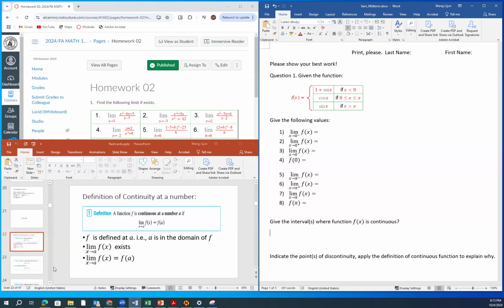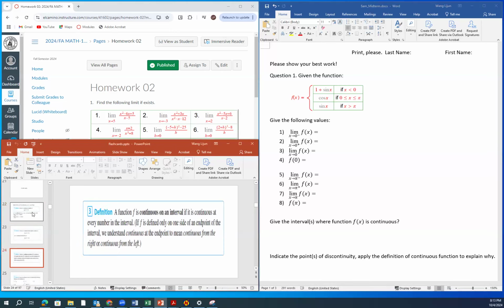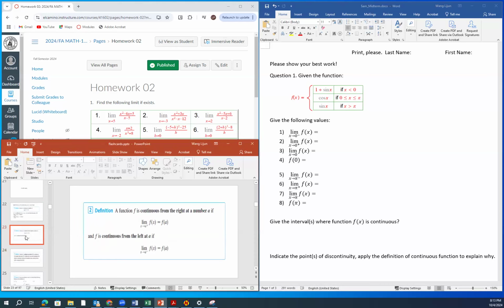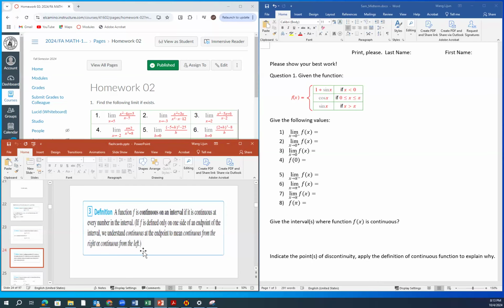So this will require you to make a connection between limit and continuity, how one-sided limit is related to continuity, and continuous intervals, right? So these are tested.